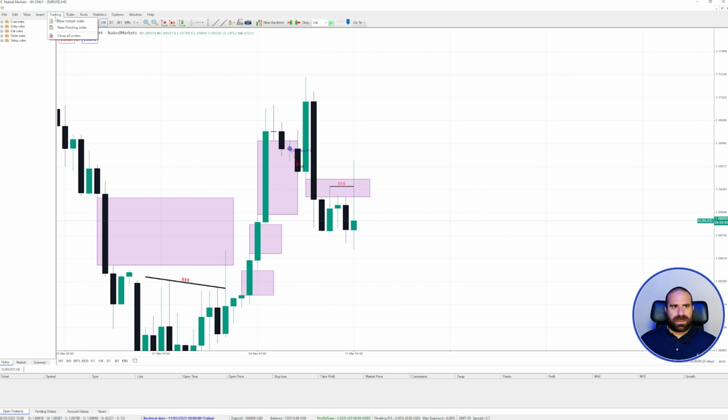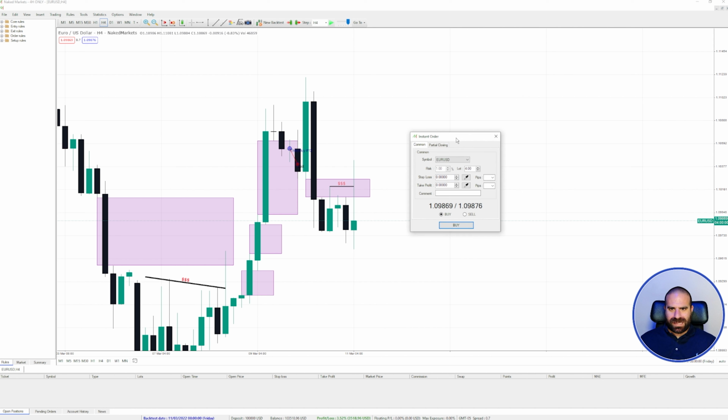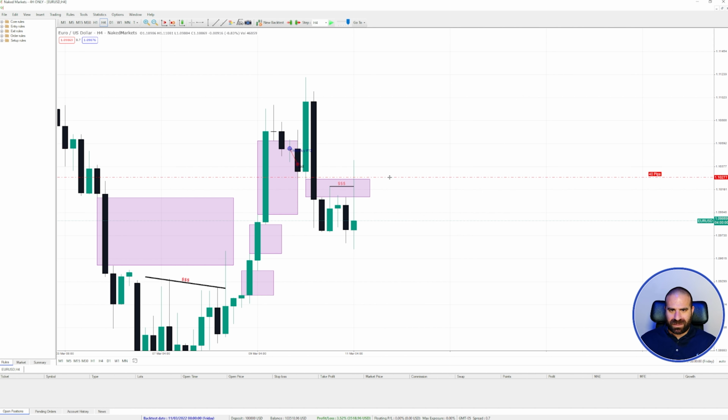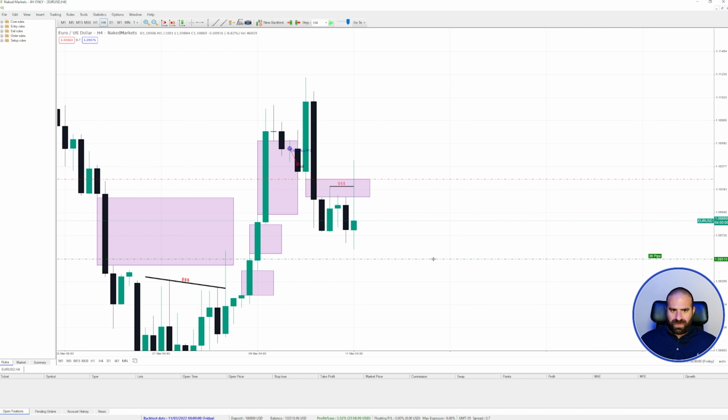I will say new instant order and I will sell with the stop loss not above the high but a lower stop loss above the FVG.